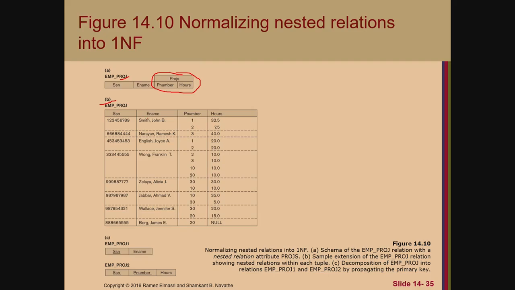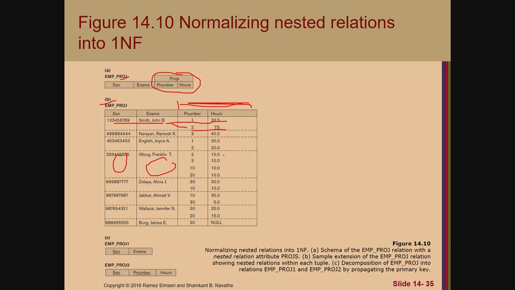We can see that here is just one row, but for the nested part we have cells like this one, two rows paired to just one. In Excel, it's like a merged cell, right? You can see that this is like a merged cell. So this one does not satisfy the first normal form.